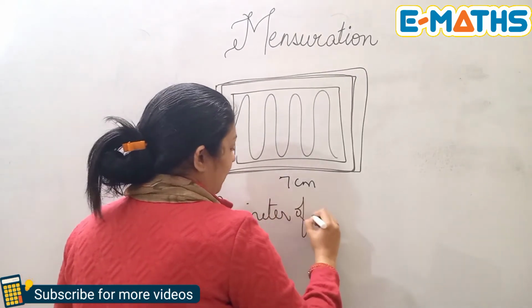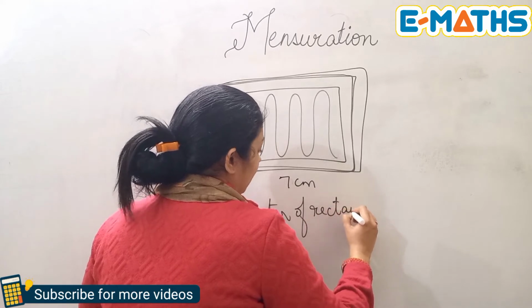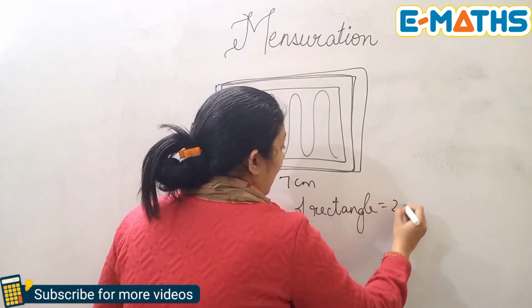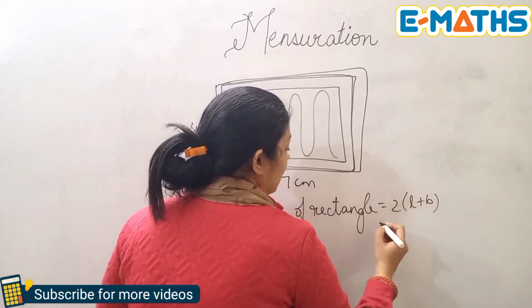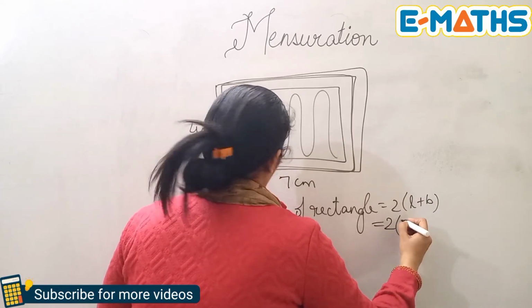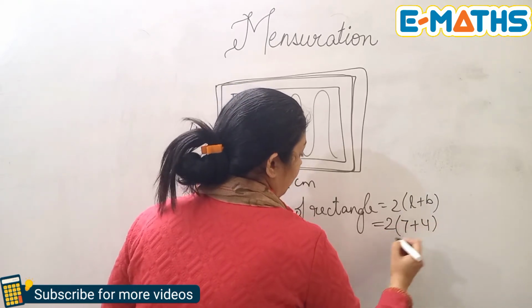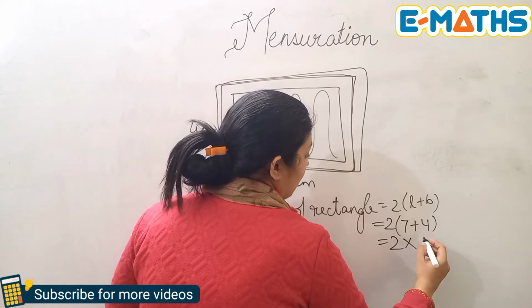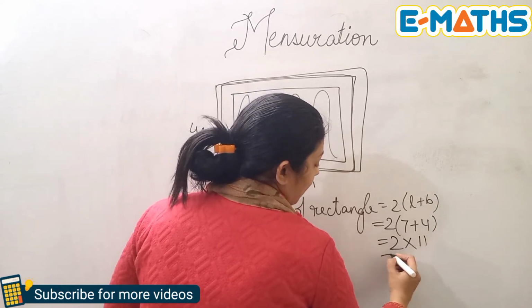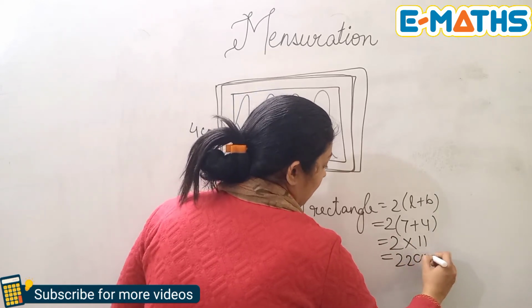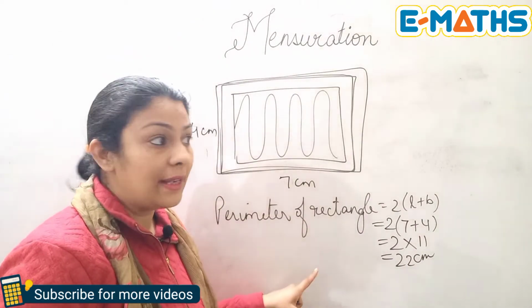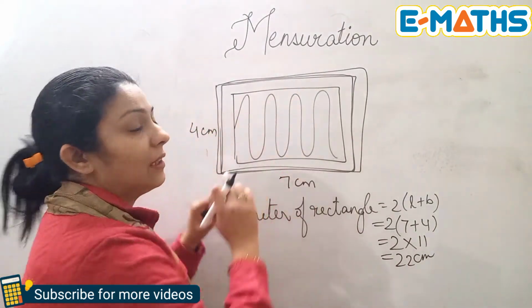It's a rectangle, so the perimeter of a rectangle is again twice of length plus breadth. So twice of 7 plus 4. 2 into 11 is 22 centimeters. Now this is the perimeter of this rectangular garden.